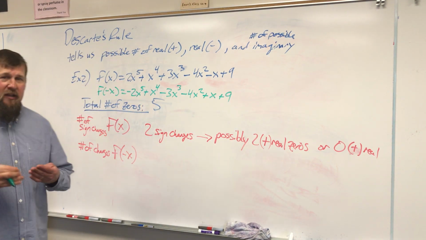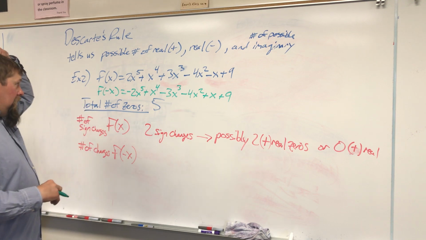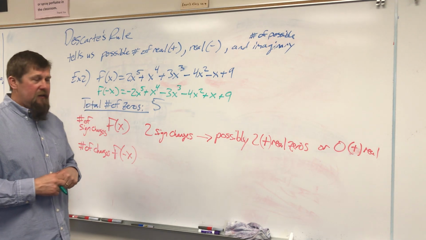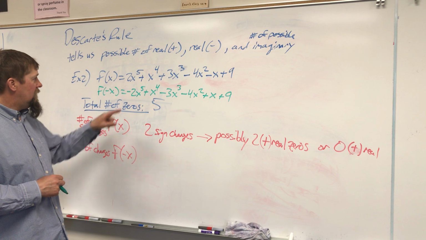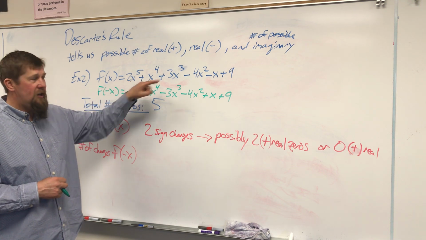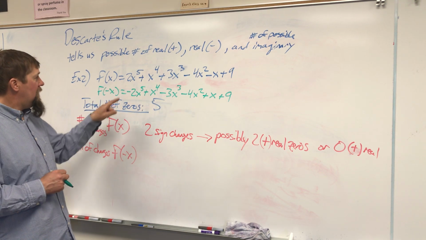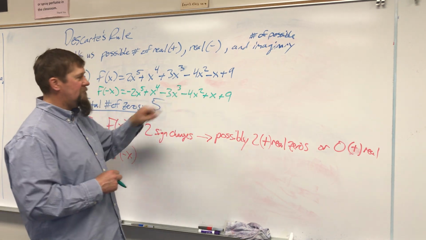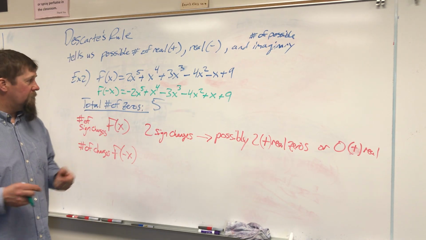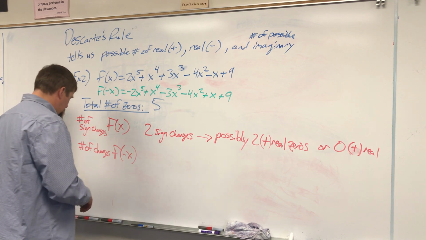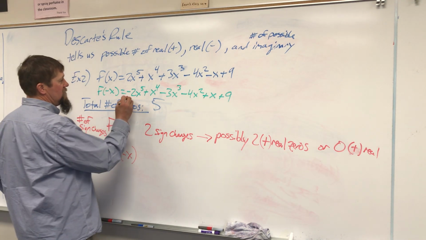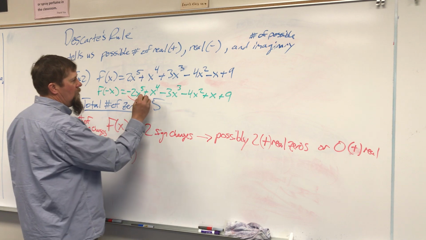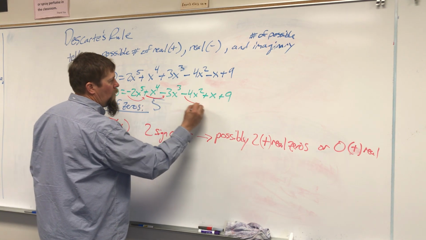So I'm going to repeat what I just said. When you put negative x in for a function, the only signs that change from the original are the odd degree terms. All the rest of the terms stay the sign they are. Now we're going to analyze these sign changes. We've got one here, one here, one here.